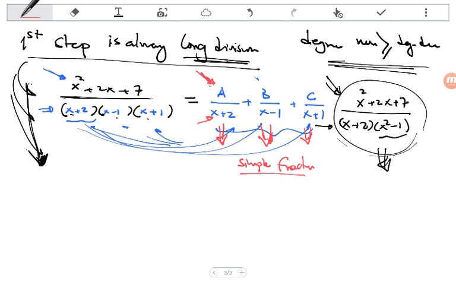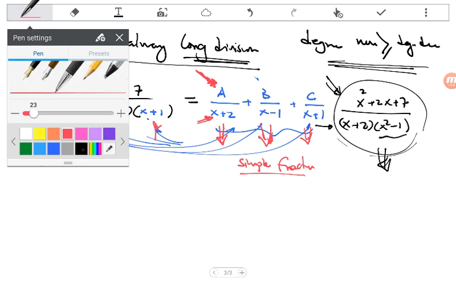With a denominator of first degree, the numerator must be a degree less than the denominator. So if the denominator has a degree 1, the numerator must have a degree 0. Okay? So this is the form of the simple fractions for a denominator which is a product of linear brackets.